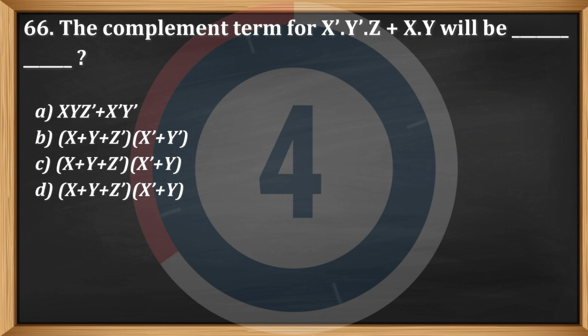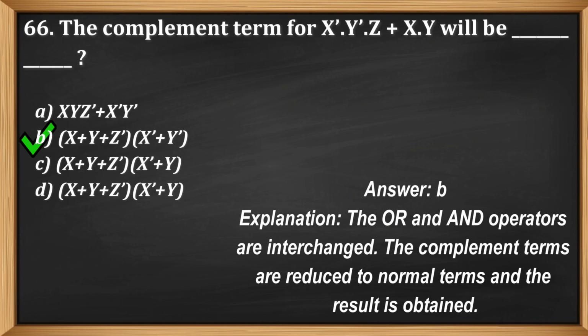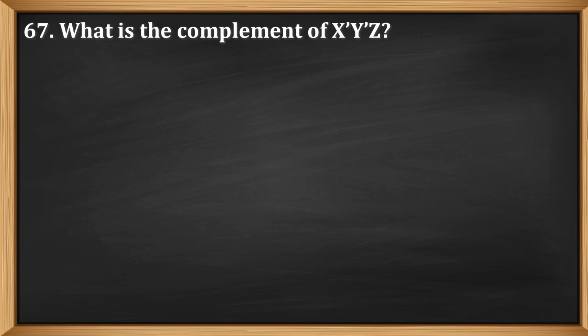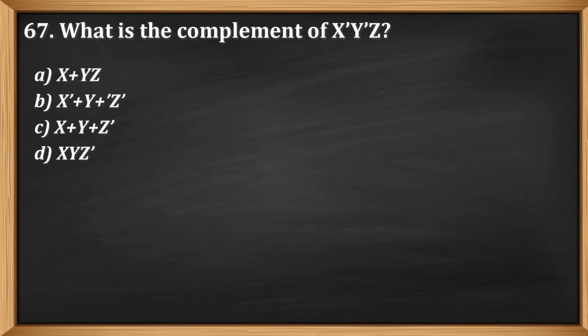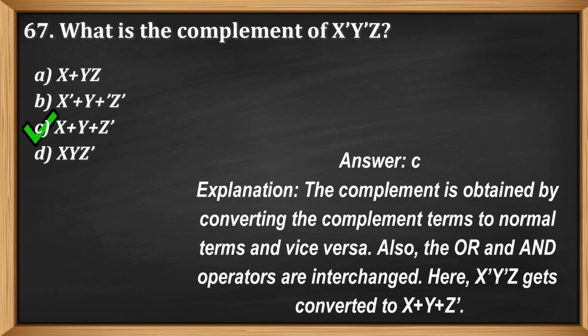The complement term for x naught dot y naught dot z plus x dot y will be option B, x plus y plus z naught into x naught plus y naught. What is the complement of x naught y naught z? Option C, x plus y plus z naught.